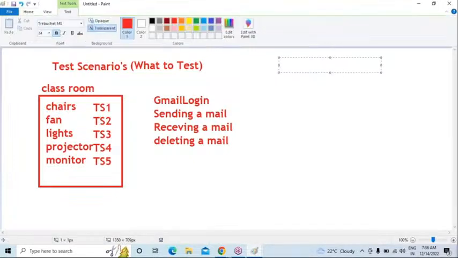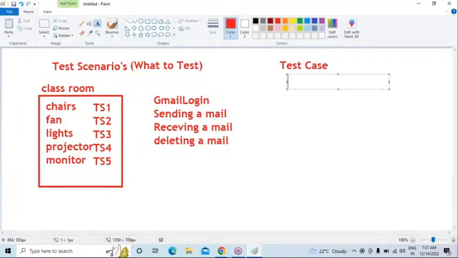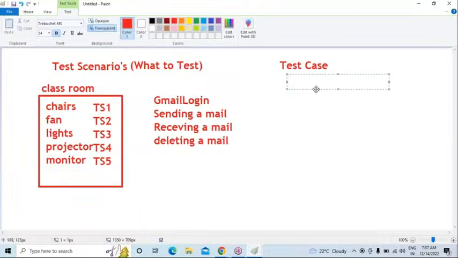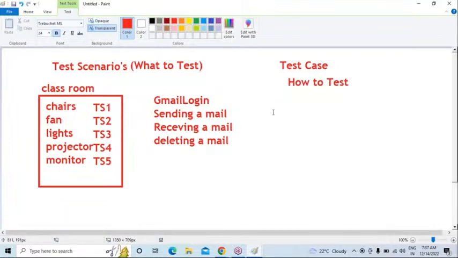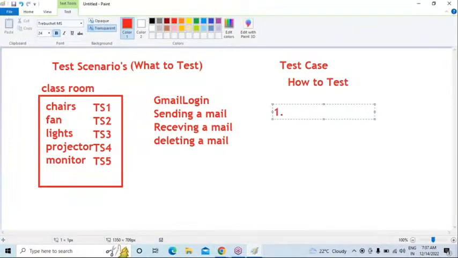Now moving on to the test case. What is meant by a test case? The test case will explain the procedure for validating the particular functionality. So you can simply say it is how to test it. Just like a user manual, whenever we purchase a mobile, we get a user manual.